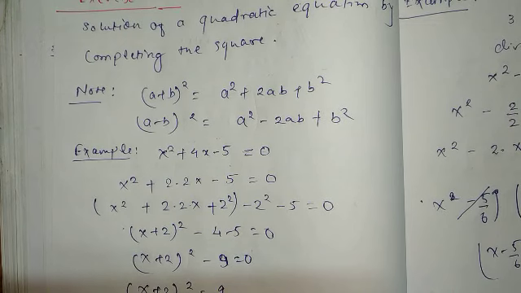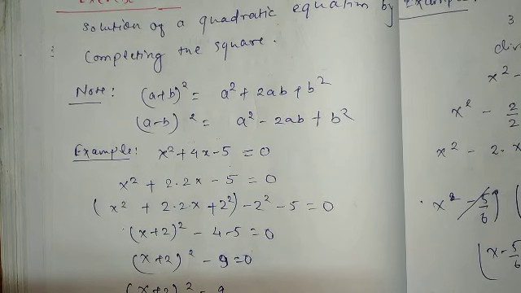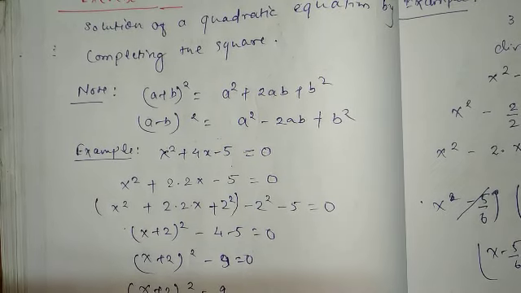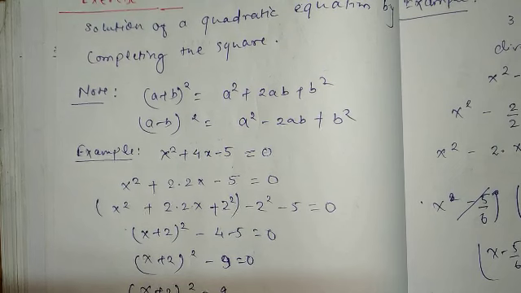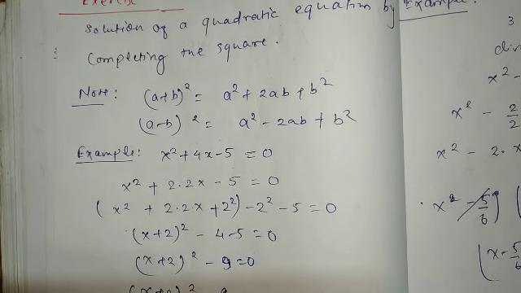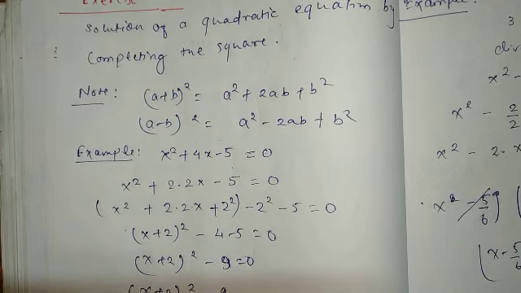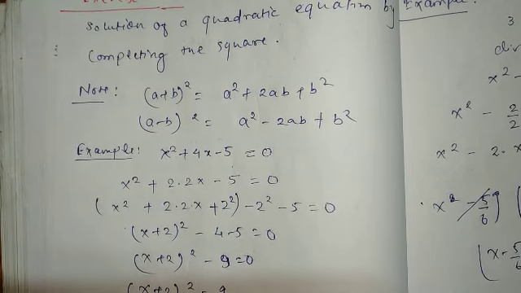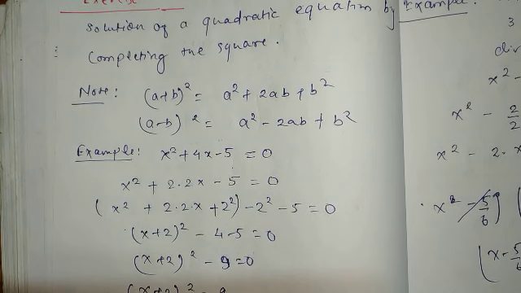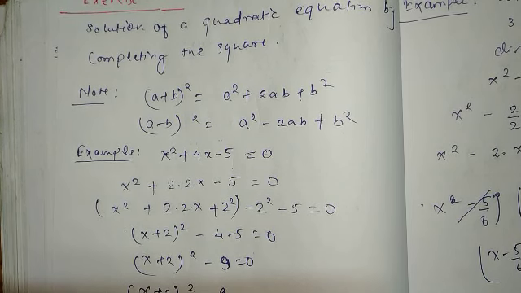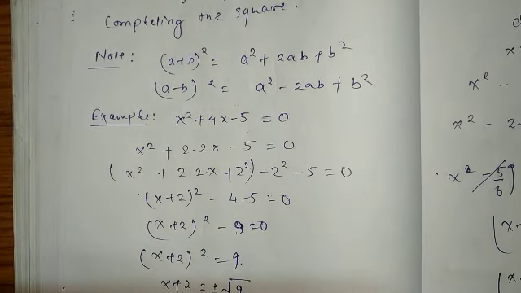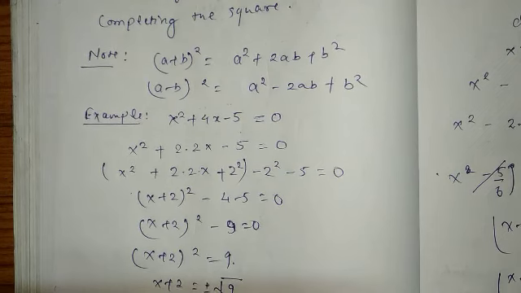After that, there is one more method known as the quadratic formula method, but it is actually derived from the completing the square method, so it is nothing different from this. So mainly we can say that we have two methods to solve the quadratic equation: splitting the middle term and completing the square. We'll get back to the quadratic formula. So firstly, I have to teach you the completing the square method.